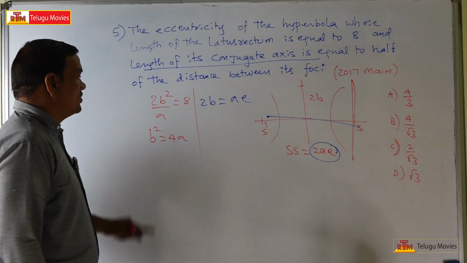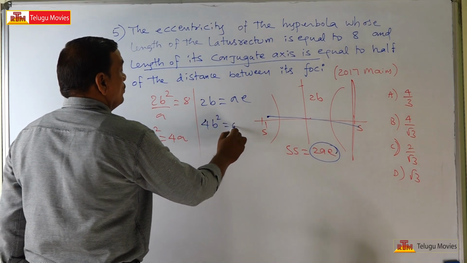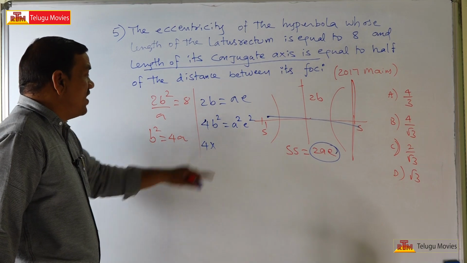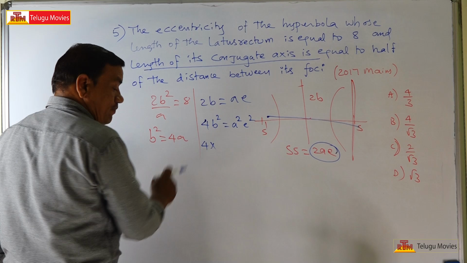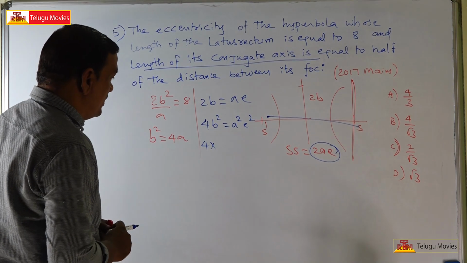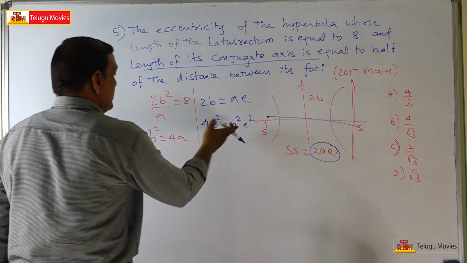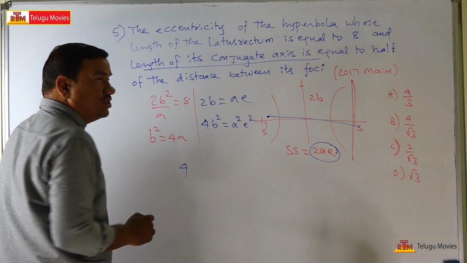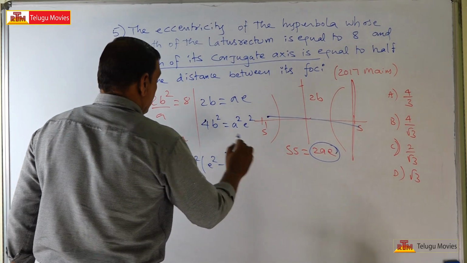Everything is over. Now by squaring, B square is equal to a square e square. 4 into b square is 4b square, which is equal to a square e square. Better you put the b square value: b square is equal to a square into e square minus 1.